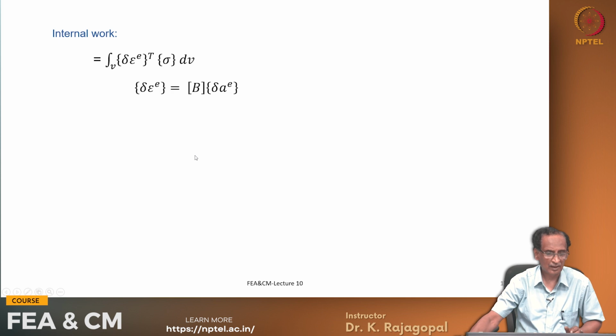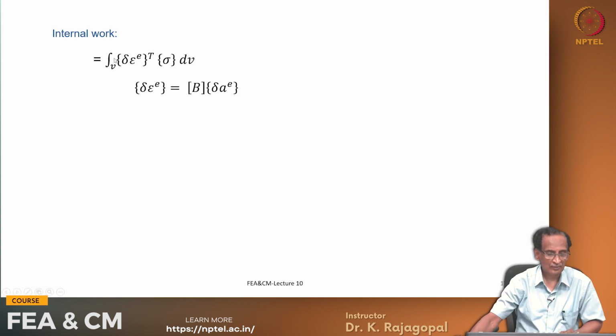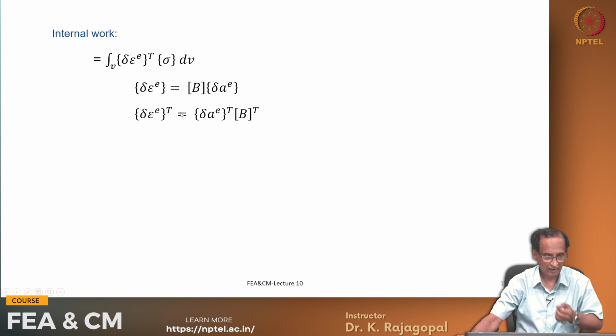our internal work done corresponds to the stresses and strains that we have inside, and our internal work done is delta epsilon transpose sigma, where sigma is our stress vector, delta epsilon is our strain vector, and our delta epsilon is B times delta AE, right, and our delta epsilon transpose, if we take a transpose of this, is delta AE transpose B transpose.